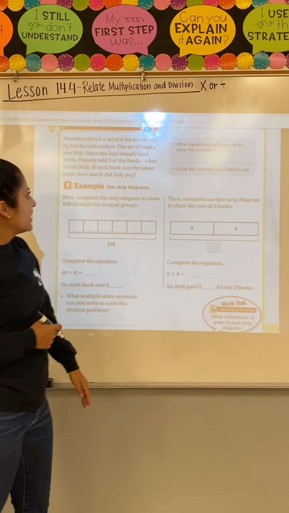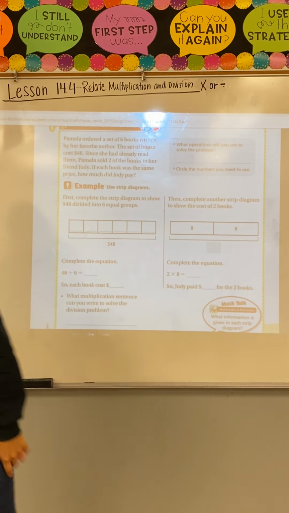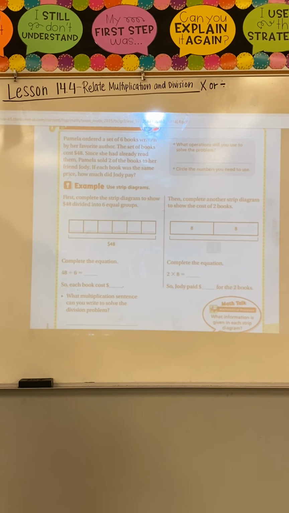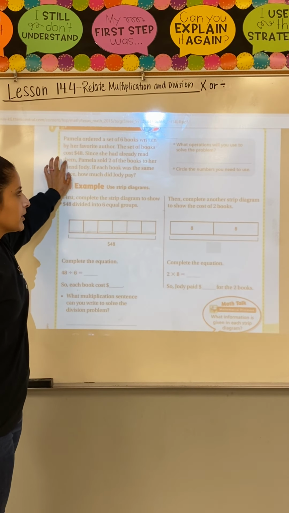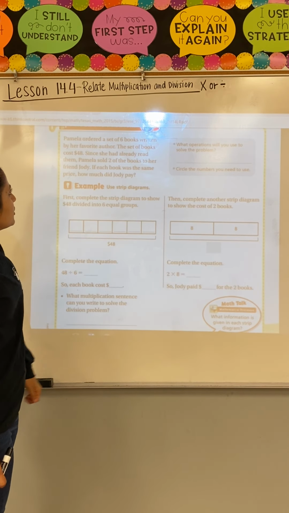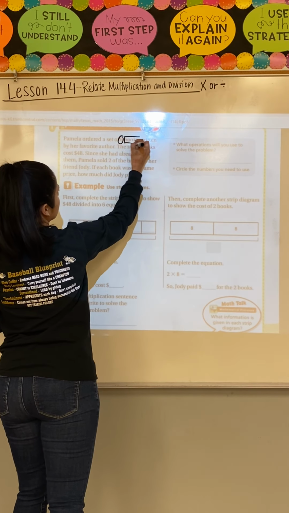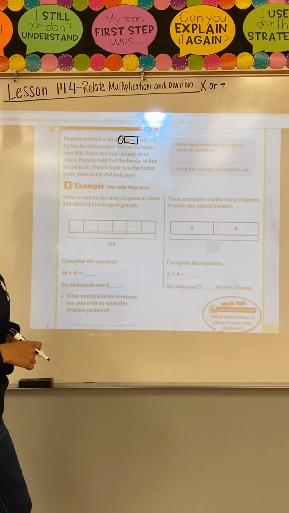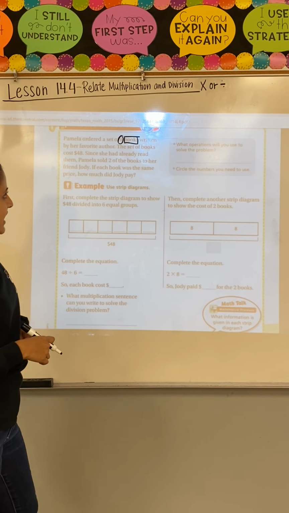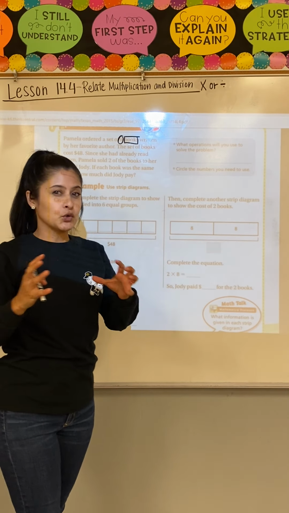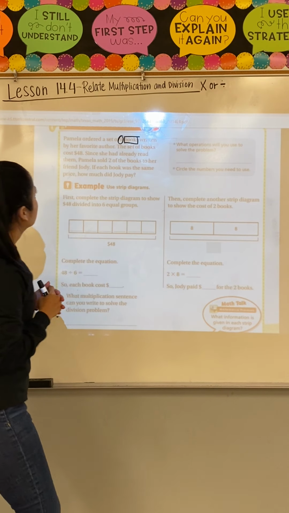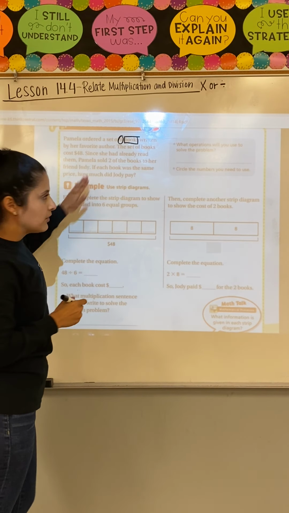All right, so let's take a look at, we're going to be on page 449, lesson 14.4. Let's unlock this problem here. Pamela ordered a set of 6 books written by her favorite author. The set of books, or think of a grouping of books, cost $48.